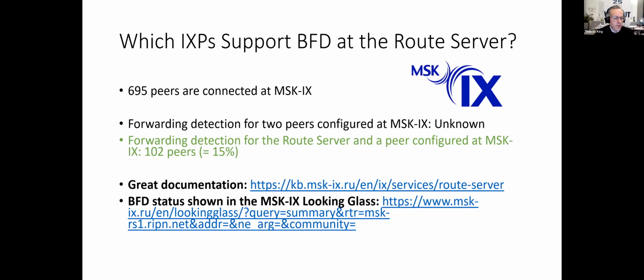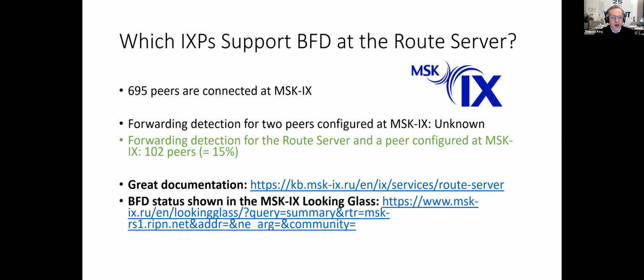And we don't know how many of them have forwarding detection configured on their bilateral peering sessions. We don't know that. But what we can see is how many of them have BFD activated to the route server, because Moscow IX provides BFD at the route server, and they have a very great looking glass service which actually shows you the status of this BFD session.